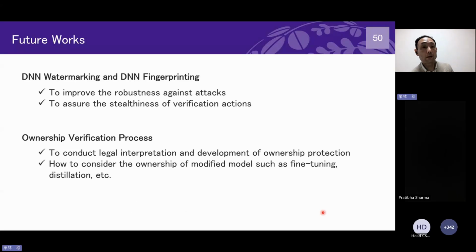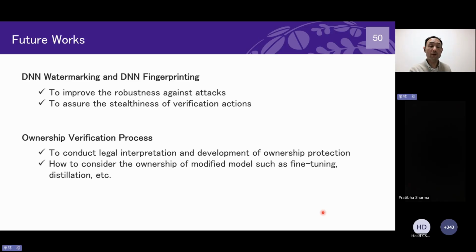Okay, and this slide shows some future work. In this talk, I only explained the very elementary level of the DNA watermarking method and DNA fingerprinting, so there is room for improvement: to improve the robustness against attacks and to assure the stealthiness of verification actions.